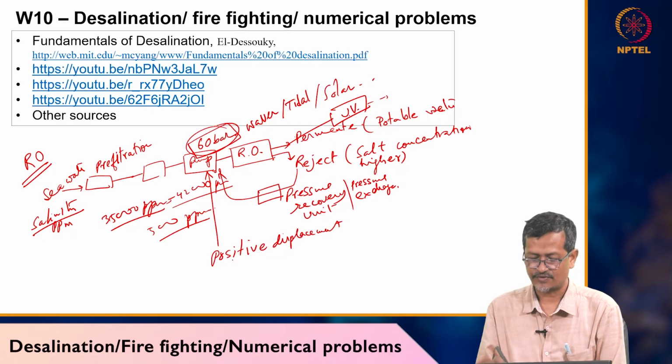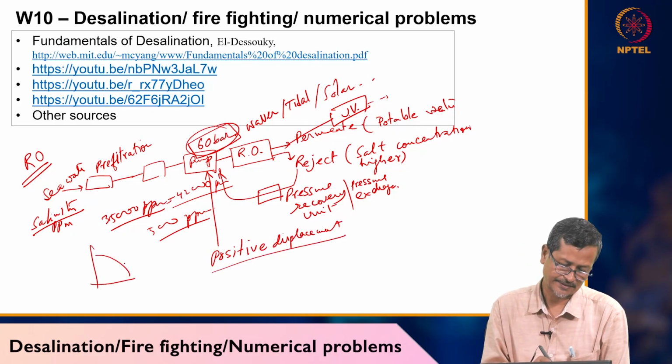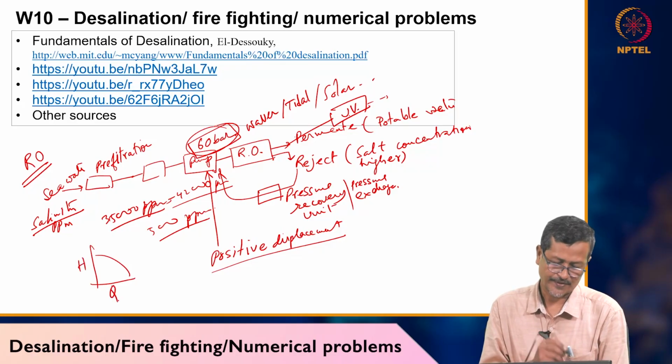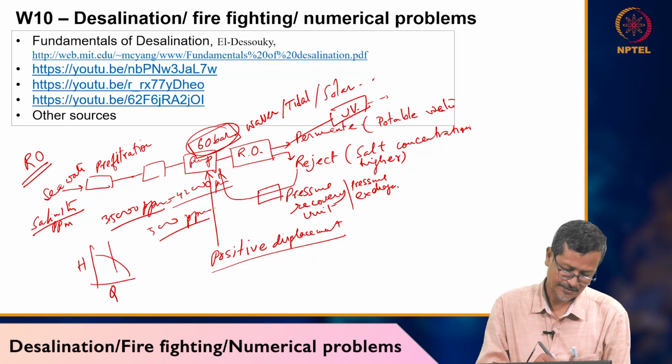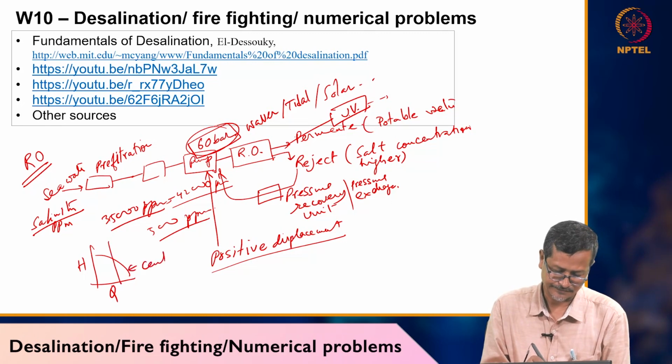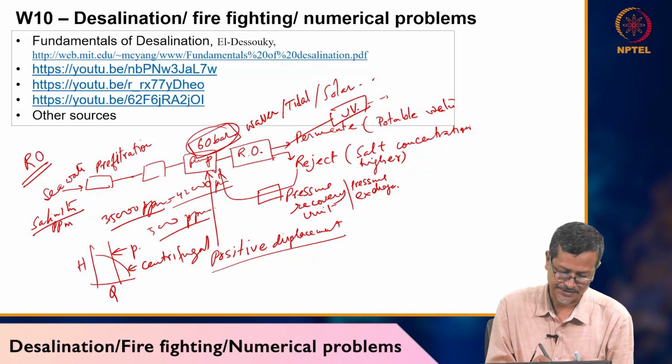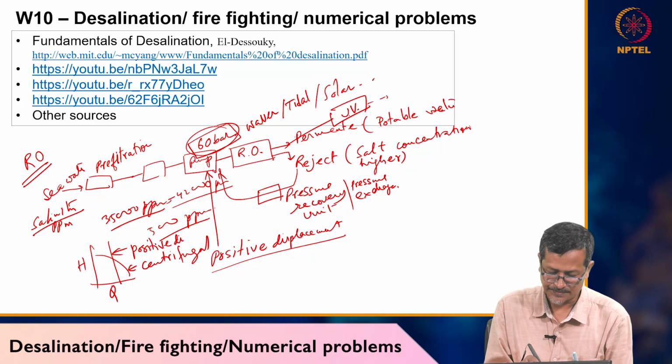If you want to use a centrifugal pump, remember the characteristic of a centrifugal pump, the H-Q curve, where you can get maximum head. This is centrifugal, and this is positive displacement.